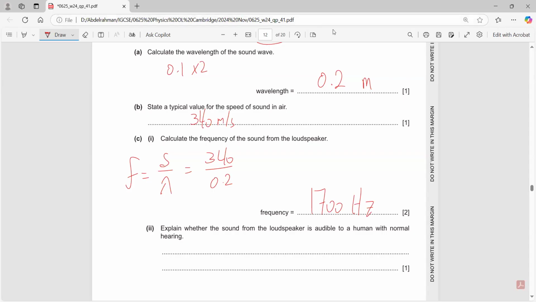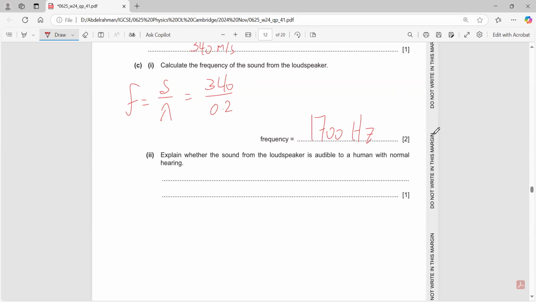Explain whether this sound is audible to a human with normal hearing or not. Can we hear the sound? Definitely, yes, it is audible. Why is it audible?